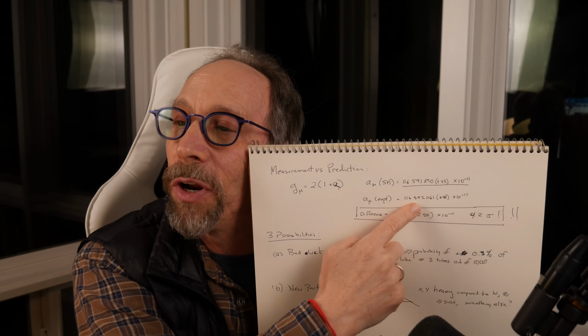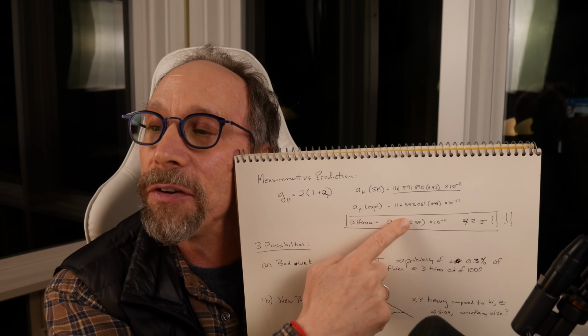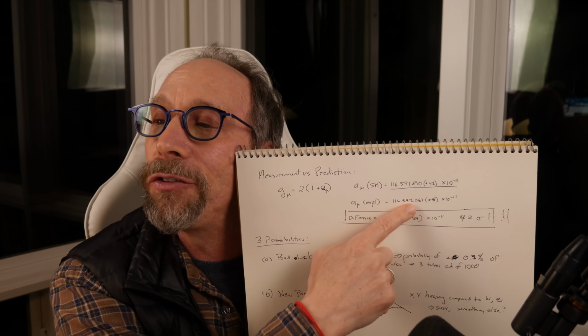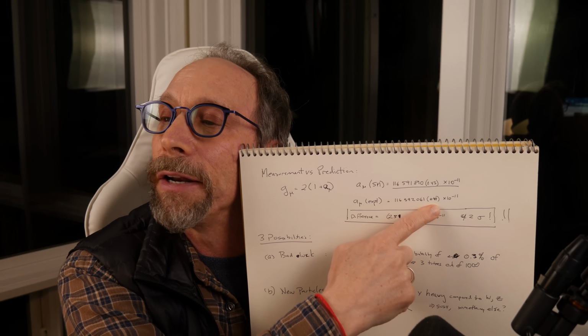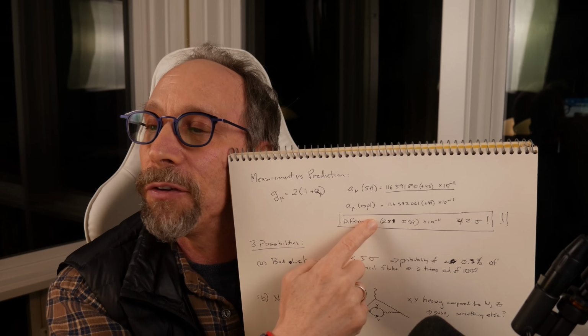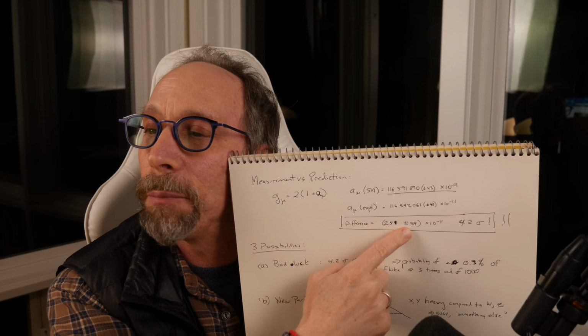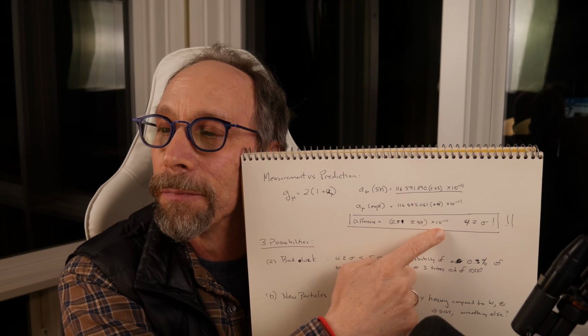This experiment, when combined with the previous experiments, gives a number that's 116,592,061 plus or minus 49 times 10 to the minus 11. So the difference is 251 plus or minus 59 times 10 to the minus 11.